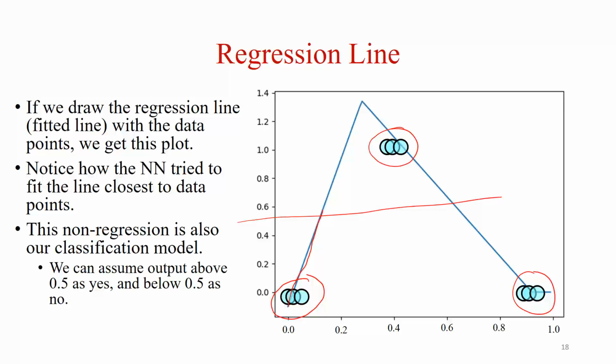If it is above 0.5, I will consider this as 1 or productive. Below, I will consider this as 0 or non-productive. Okay, so you can see our model classified, and our model line-fitted nonlinear data.